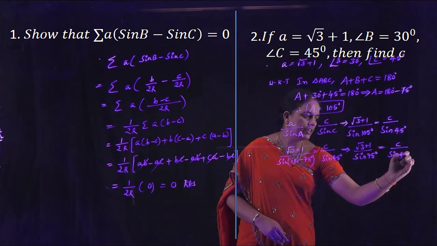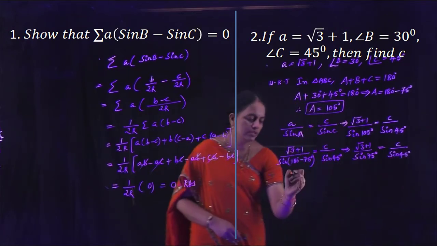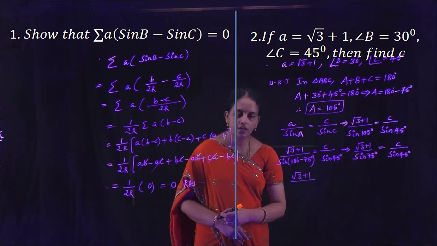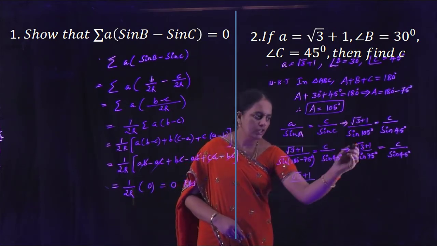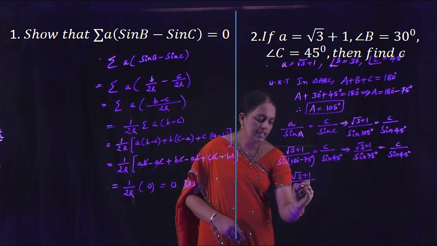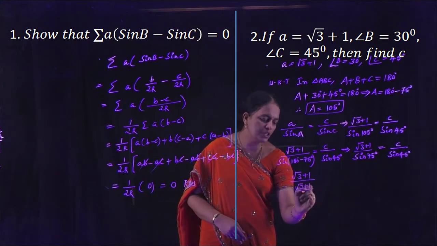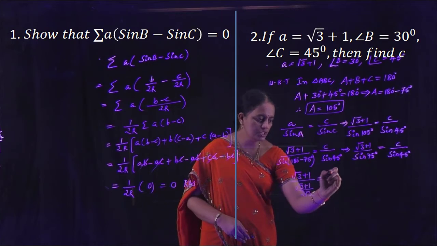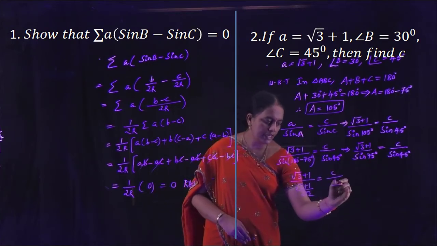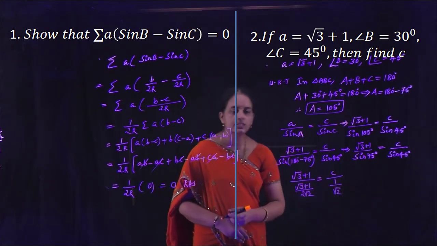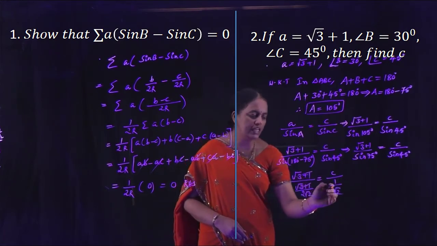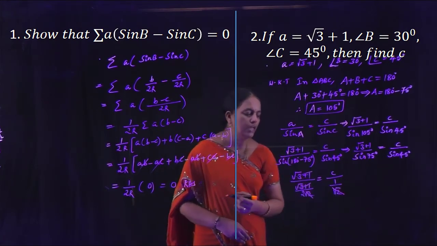Now substitute the values of sin 75 and sin 45. We get root 3 plus 1 by sin 75 degrees, which is root 3 plus 1 by 2 root 2, equal to c by sin 45, which is 1 by root 2. Here root 3 plus 1 and root 3 plus 1 get cancelled, and root 2 also cancels.